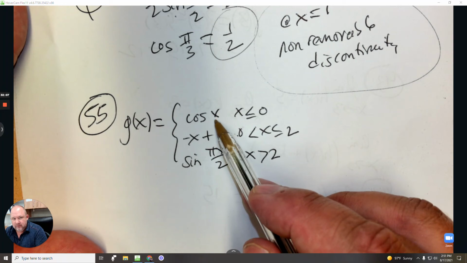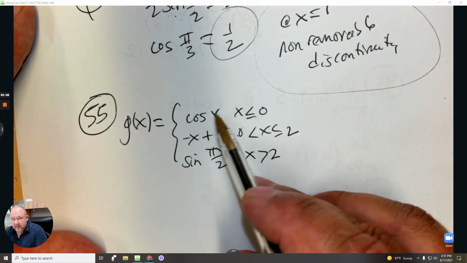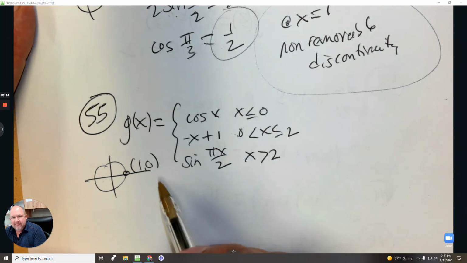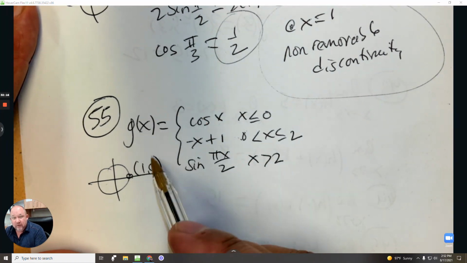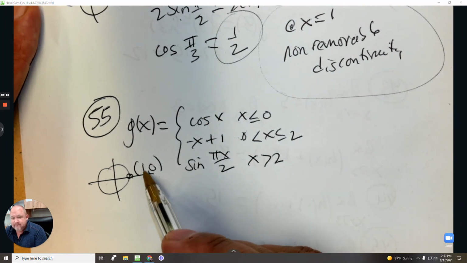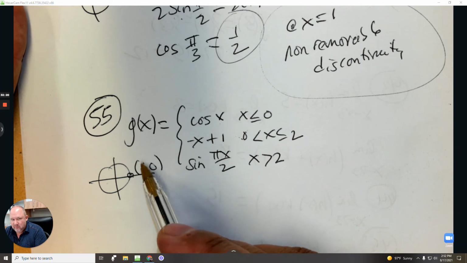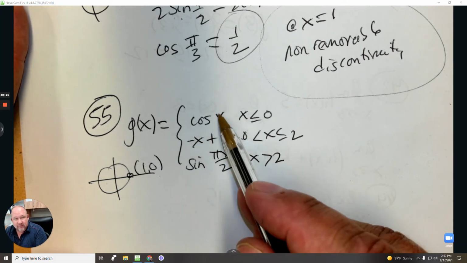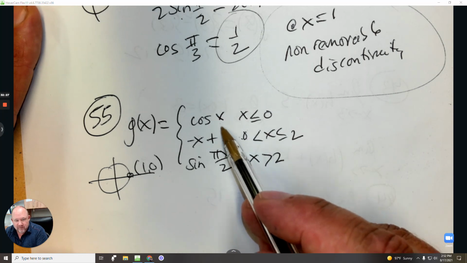If I plug 0 into the top, the value of cosine at 0, that's this point here on the right. That's the angle. Cosine goes to the x-coordinate. So the x-coordinate is positive 1. The answer is 1. Plug 0 into the bottom piece and you get 1. So there is no discontinuity there.